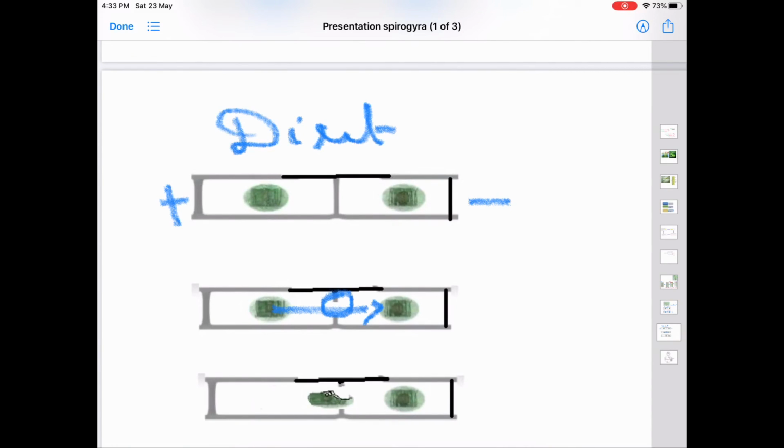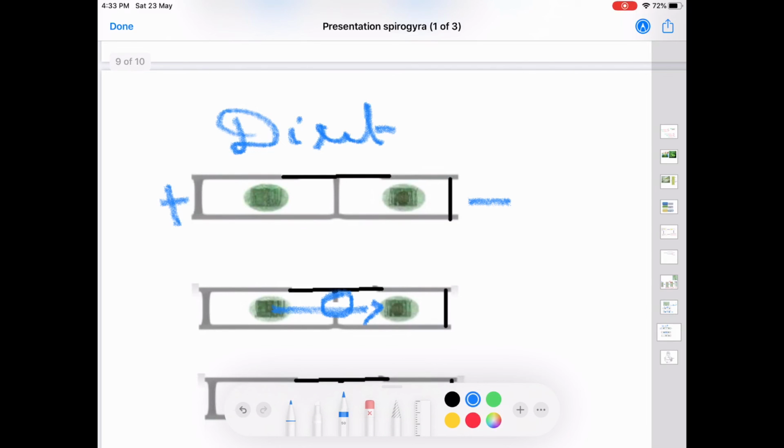Once the zygote is produced, it will produce a thick wall around it, forming the zygospore. The zygospore will be diploid, having the nucleus of plus and minus type.